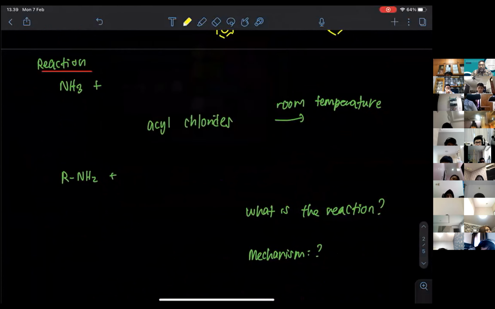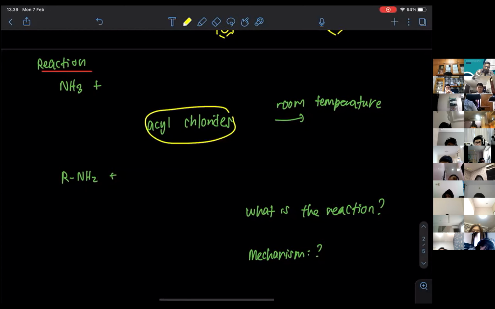So when you have ammonia reacting with acyl chloride, because acyl chloride can react with both ammonia and amine. So let's say this is the acyl chloride, I put the CH3 here, and then this is going to be Cl, so that we can easily see this reaction. What happened?